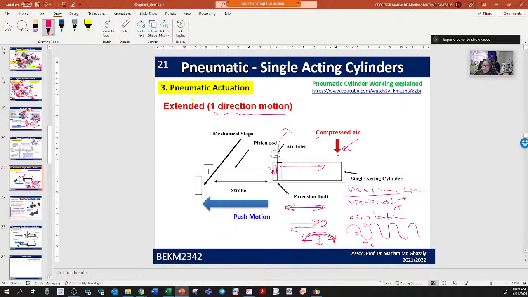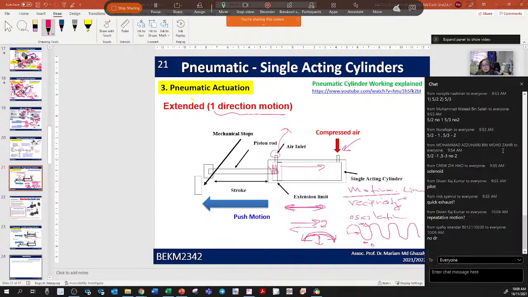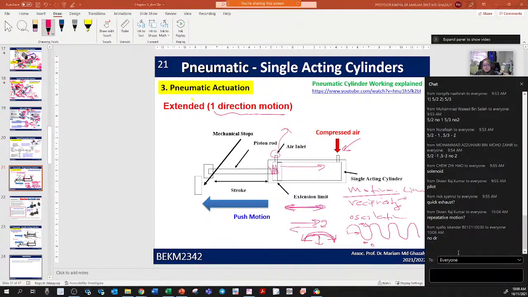For this single acting actuator, do you think you need to use a control valve? The question to students: do you need to use a directional control valve for a single acting cylinder?